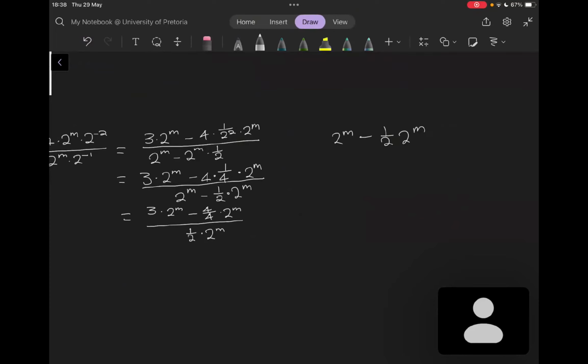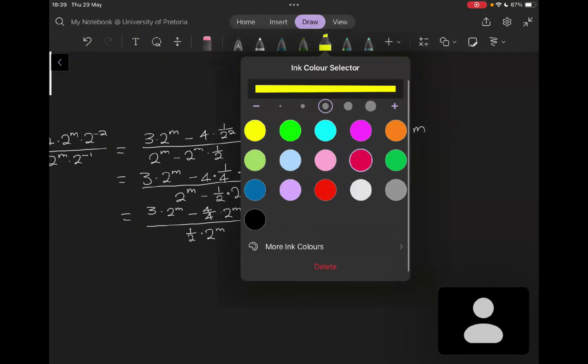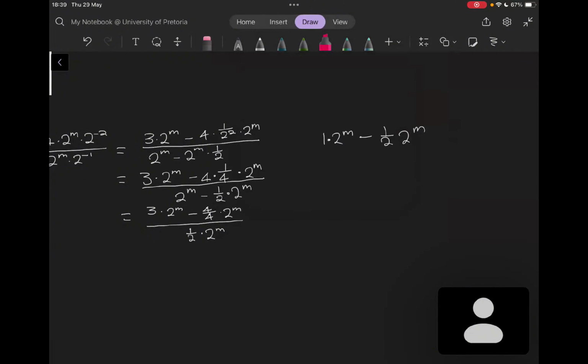I need you guys to remember that this expression in front is multiplied by 1. It's the same thing. 1 times 2 to the power of m is equal to 2 to the power of m, right? And because these over here are like terms, we can then subtract these constants in front of the 2 to the power of m.